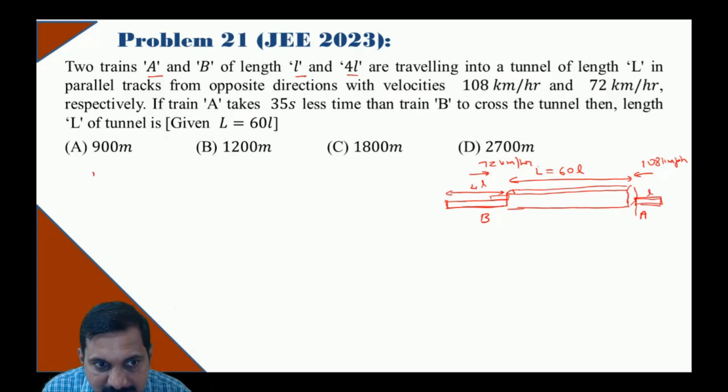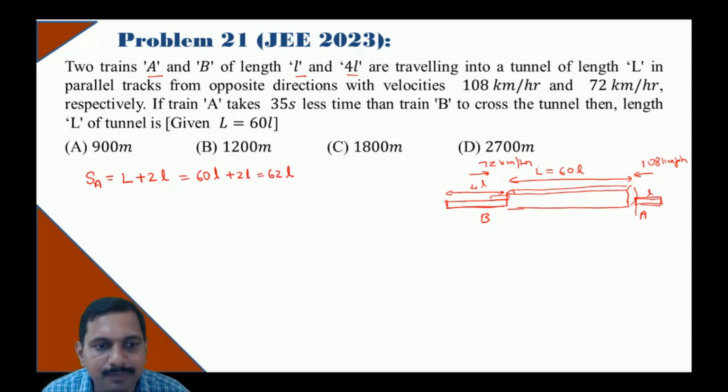So the distance A has to move is capital L plus 2l, which is equal to 60 small l plus 2l, which is equal to 62l.